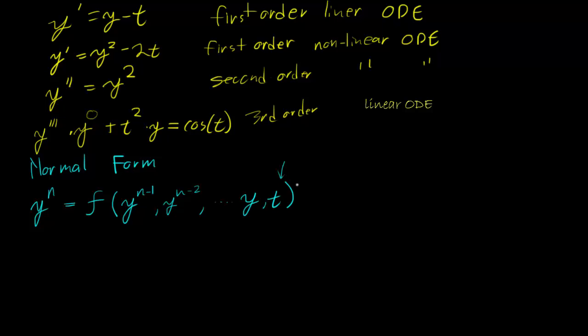That is my independent variable. So it's a function of all the other derivatives in the original function equal to the highest derivative. And that's a normal form.